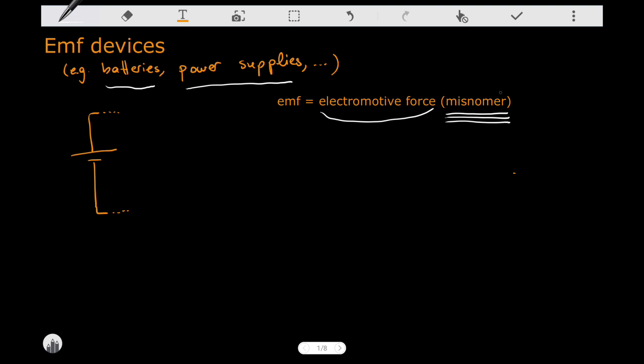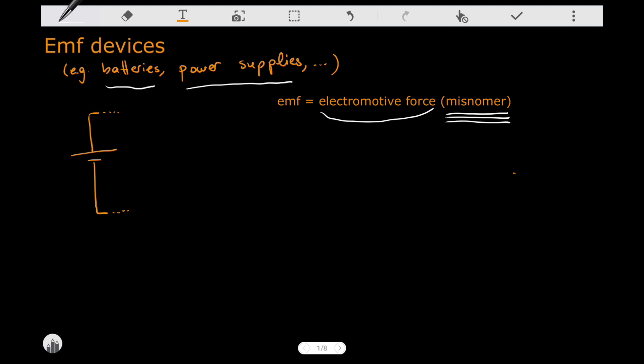So that's an example of a misnomer. But of course, the name is stuck. So nowadays, we would like to evade this long form and we just call them EMF devices. So as a result, I will always use this shortened form, EMF, and never use this electromotive force form.